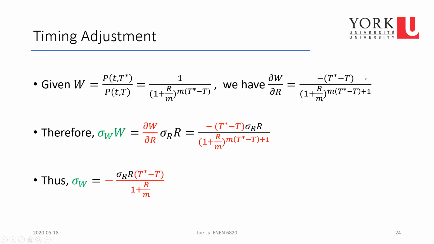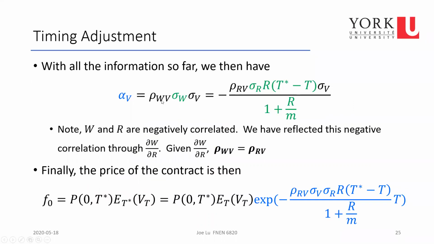Now, we have the partial derivative, then this thing times sigma R R equal to that will imply that sigma W is equal to this. With this sigma W calculated this way, you have this thing basically divided by that, you have this. Now, you just substitute it in.